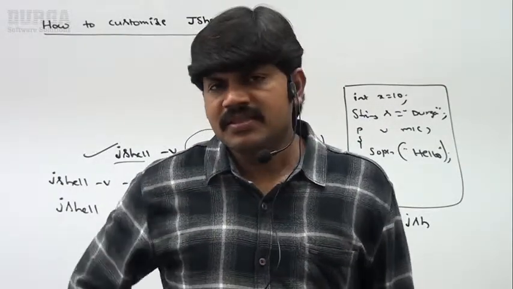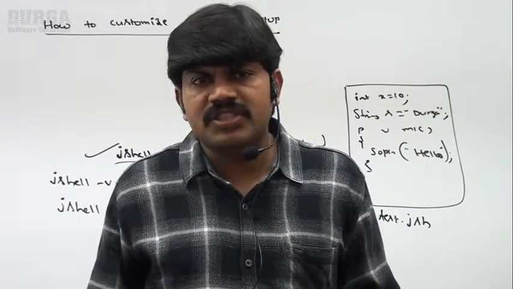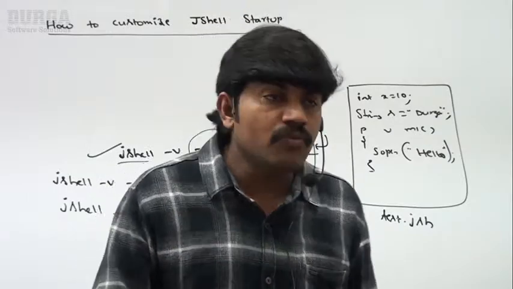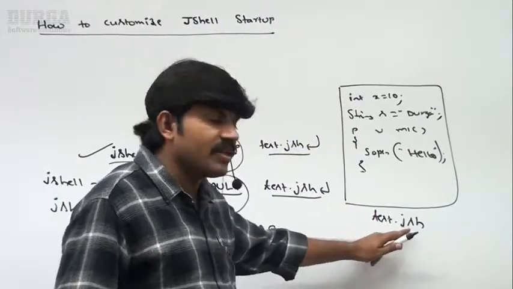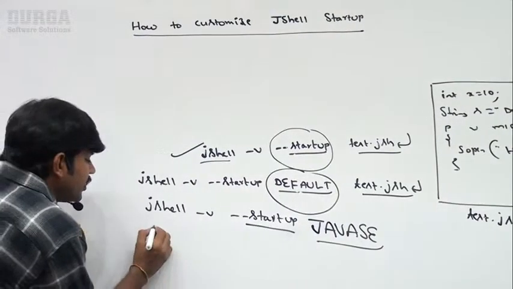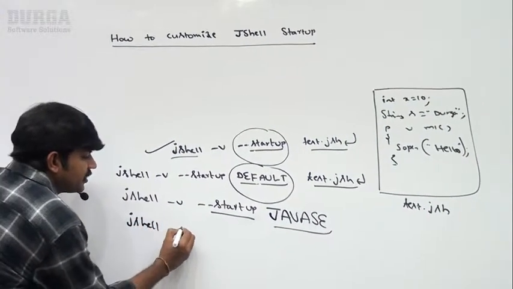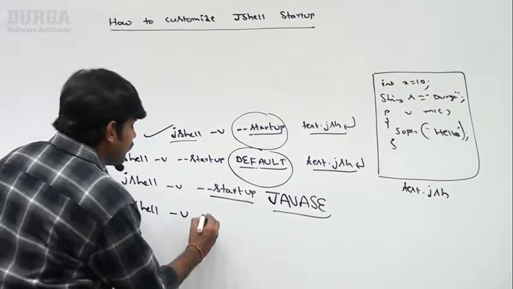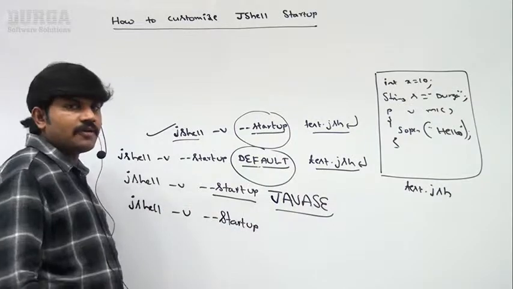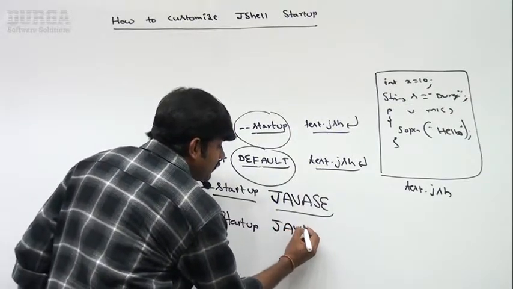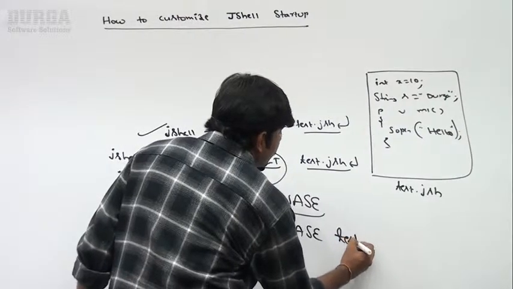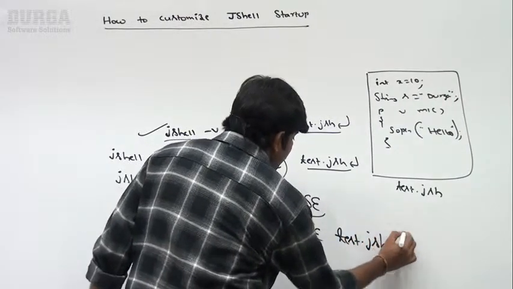One thing. Sir, not only Java SE packages, I want my own coding snippets also, which are there in my file. Yes, possible. What you have to take? JShell -v -startup Java SE, and you can take test.jsh.